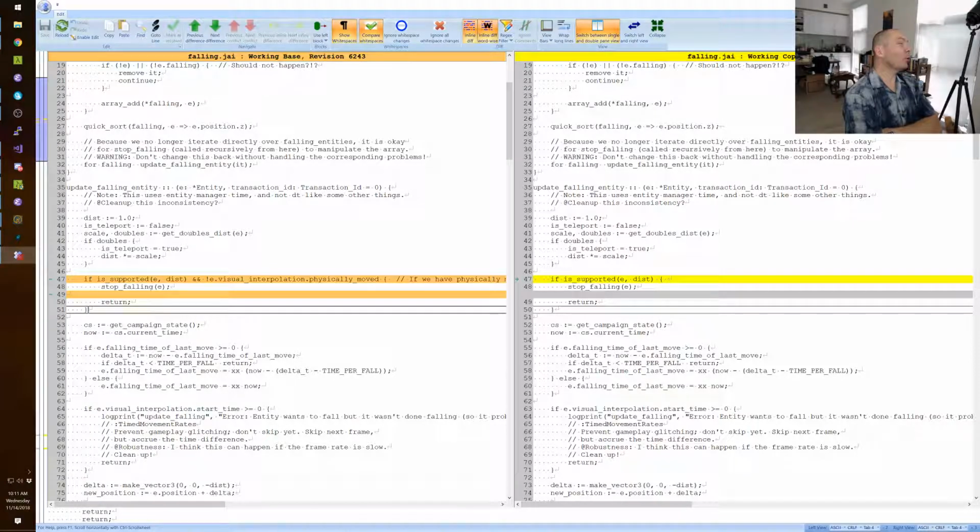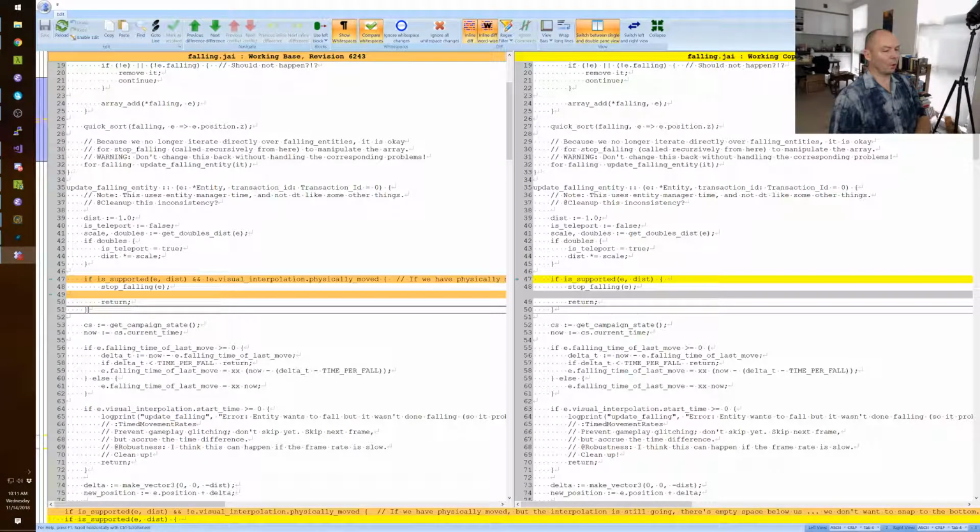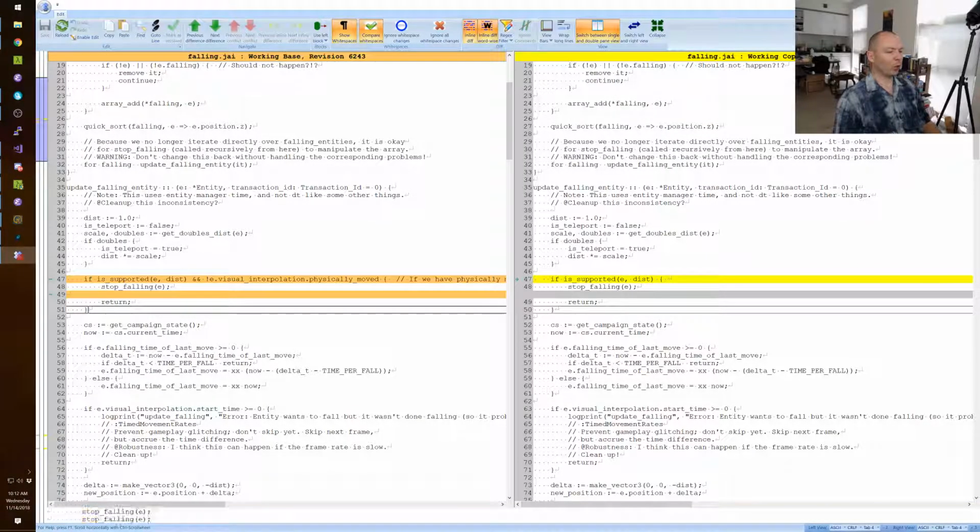I mean, we could put back the physically moved flag just for falling things, because when you're falling, you're not going to be riding on something, which is the thing that we were talking about that could physically move you multiple times per frame. So I don't like that solution. A different solution that we could do is we could say here, look, if you're supported, well, actually, supported is an expensive check.